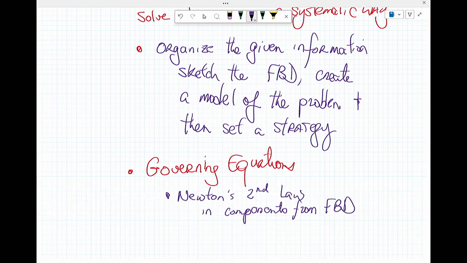So you're going to then break Newton's second law into its x and y coordinates, r theta, and t, you can guess where that's going, but into components from that FBD, the free body diagram that you just drew.